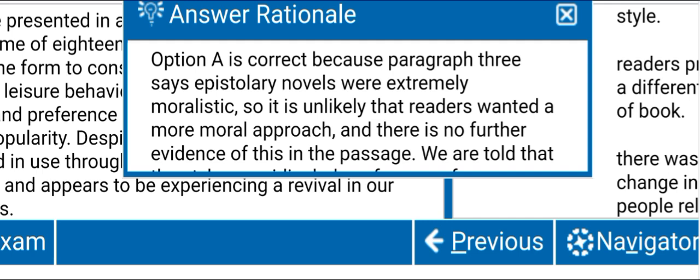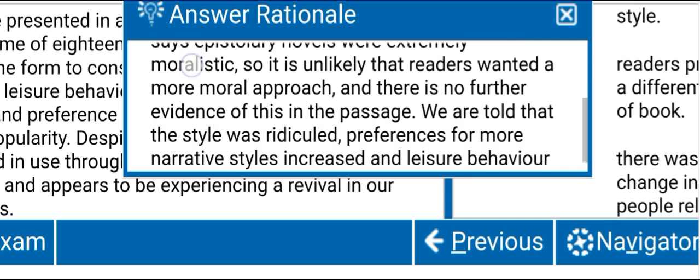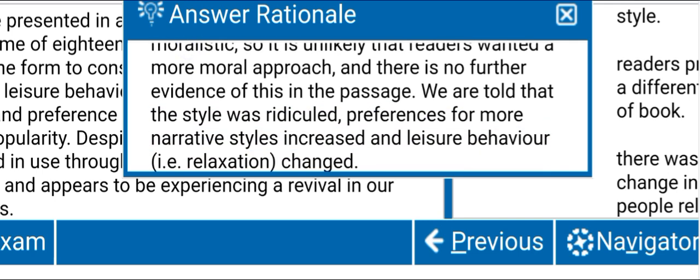So it is unlikely that readers wanted a more moral approach, and there is no further evidence of this in the passage. We are told that the style was ridiculed. Preferences for more narrative styles increased and leisure behavior, that is relaxation, changed.